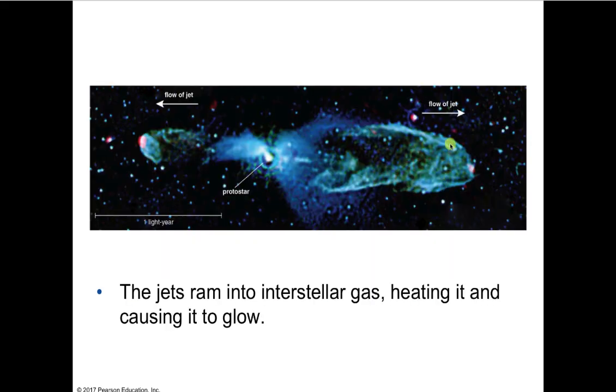Here's another example. This is your protostar in the center, and these are those Herbig-Haro objects, these glowing things out in space very far from a star, but they've realized that these are actually associated with material coming from the new star, slamming into the gas that's already out there in space, causing that gas to glow, and you can see the glowing gas.